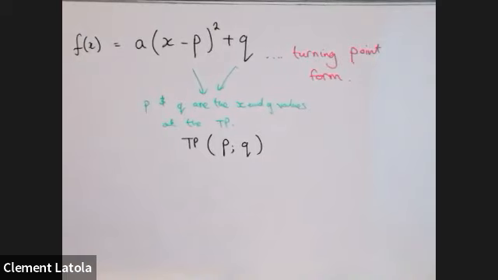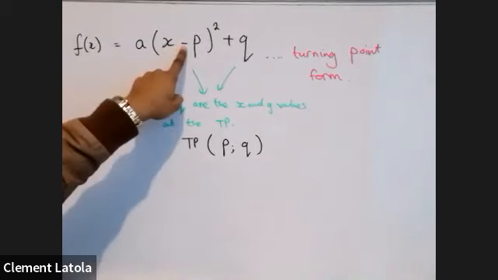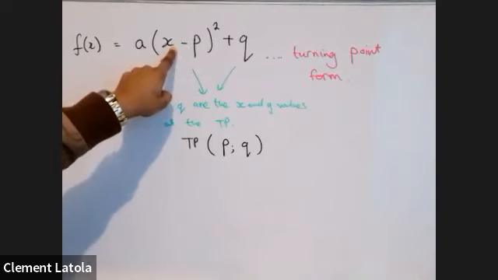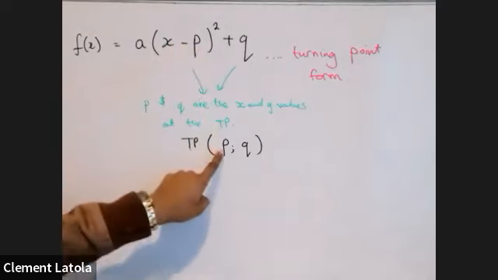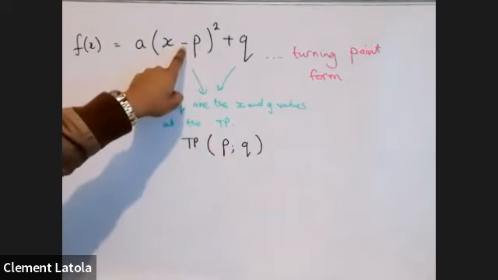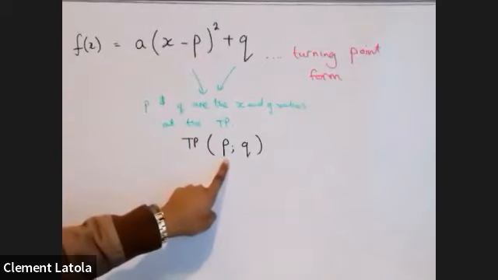-2 and 3. So you see this negative in the bracket? It means that there's always going to be a trick with P. If I say x + 2, then the x coordinate is -2. If I say x - 2, then the x coordinate is +2.